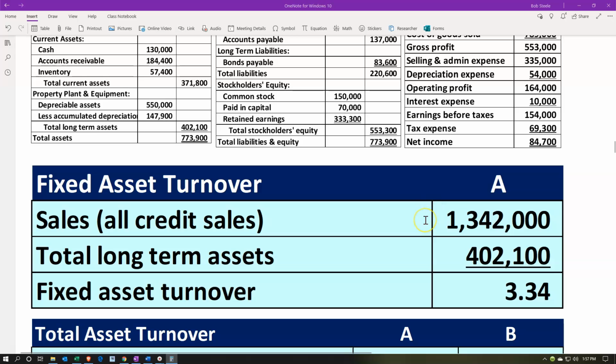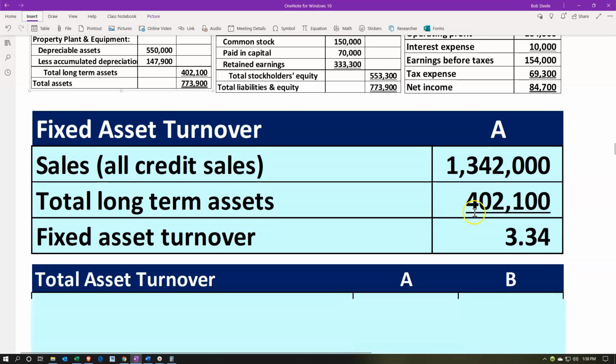Meaning, if sales goes up, we want sales to go up, of course. And if we can have sales go up with the fixed assets where they are, or even less fixed assets, then we would be able to lock up less in the fixed assets, which are long-term capital investments, and still generate the same return. So once again, the higher the better on this number typically.